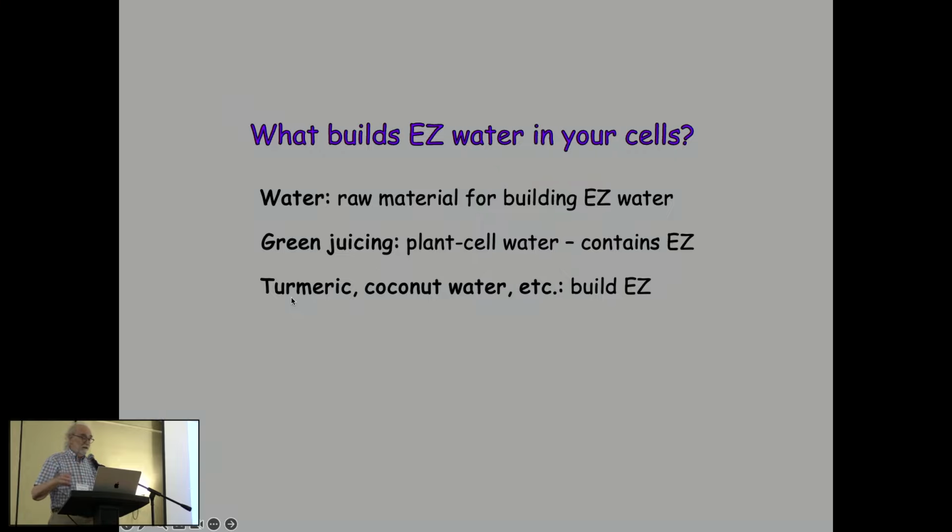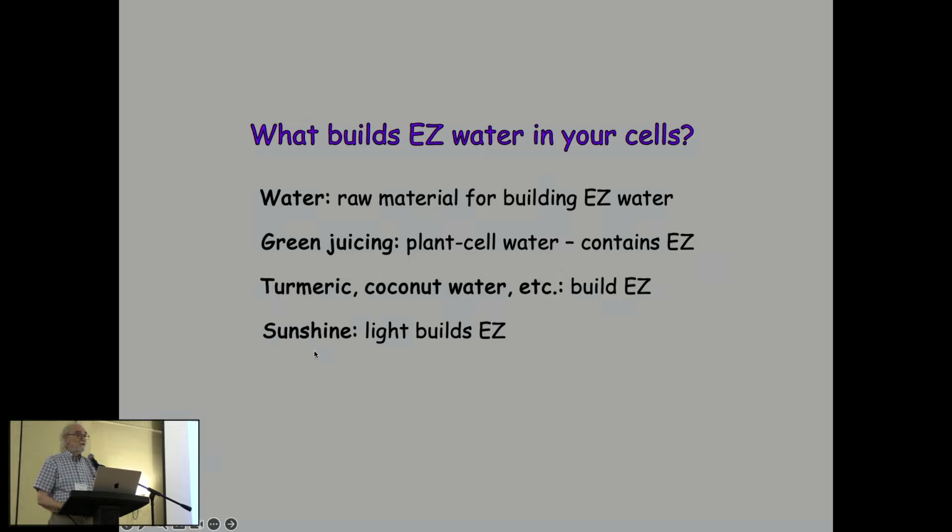We tested half a dozen of them, like turmeric, coconut water, basil, holy basil, and various others, and we published it. It turns out it's true that in doses that are similar to what we might be taking, they build easy water, all of them, and we published that.